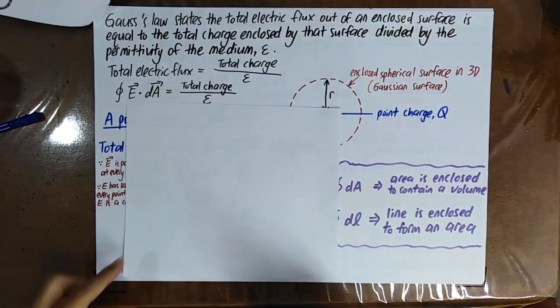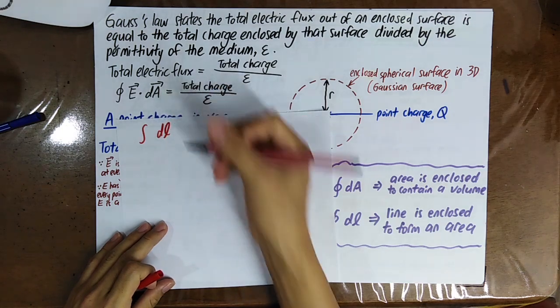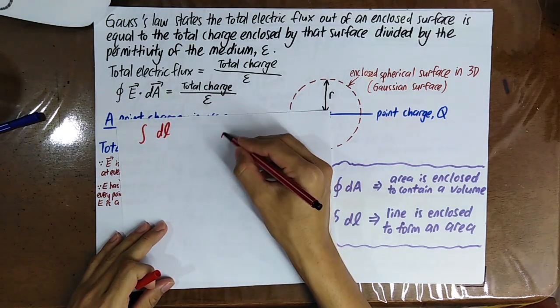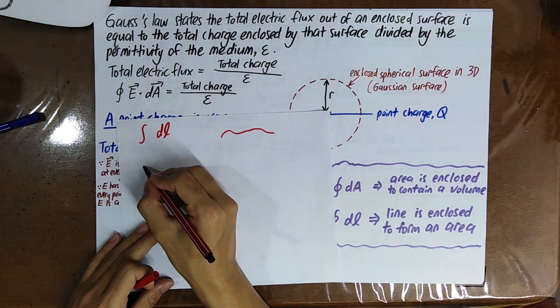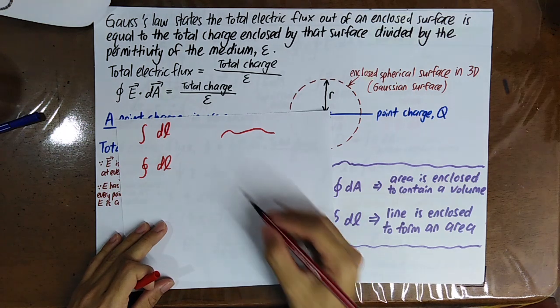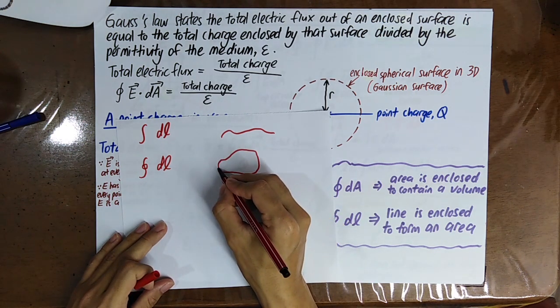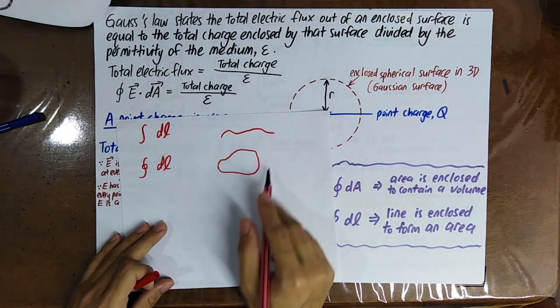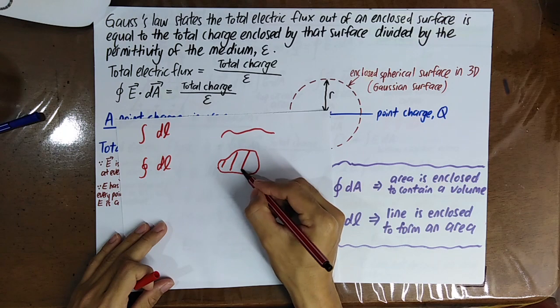Okay, first of all, let's say now you are doing a line integral, then it's just this, a line integral. But when you want to do a closed line integration, that means that the line integral will form a closed loop, and therefore it will have an area.